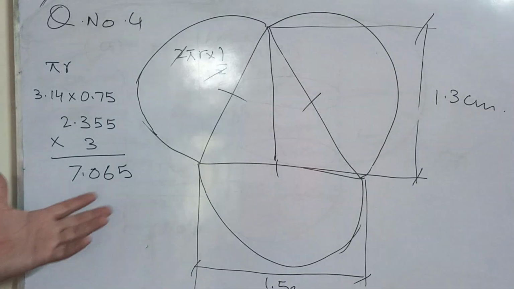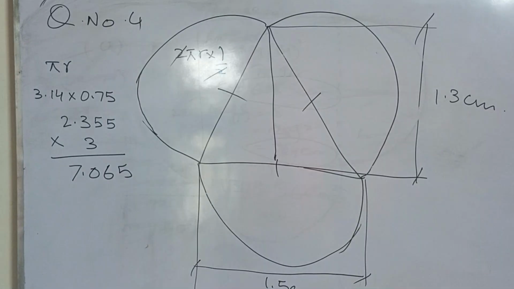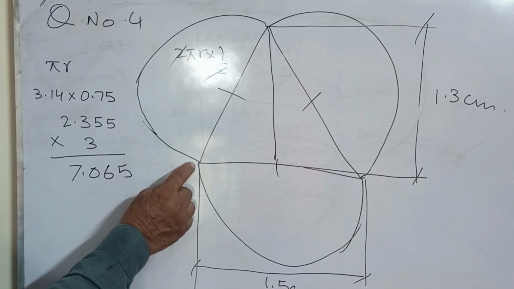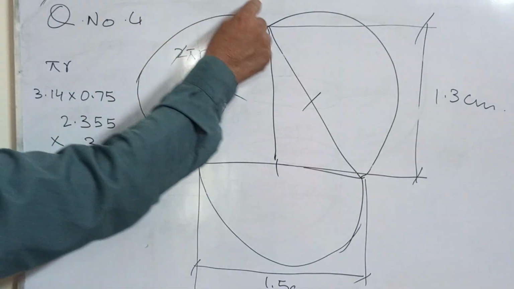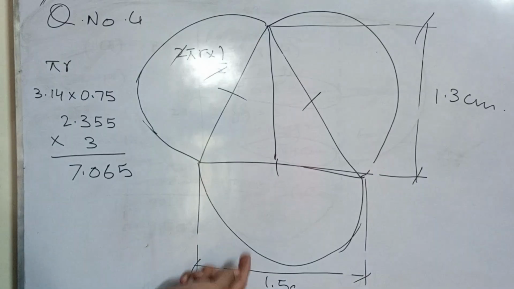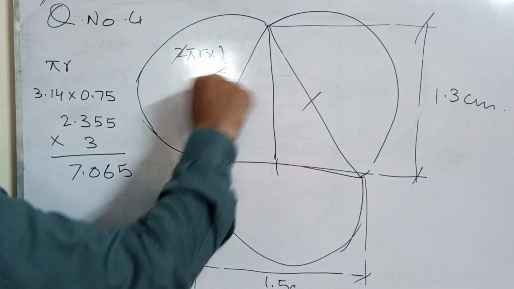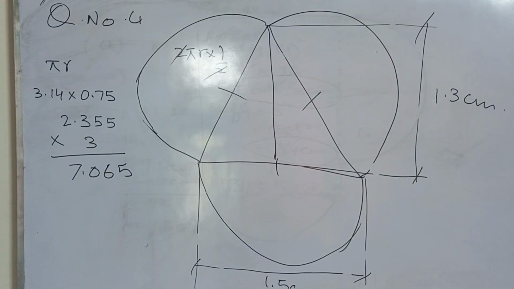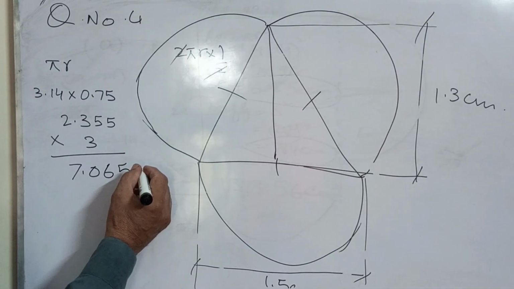So dear students, I hope you have understood my point, that we have to travel only on the border line. We don't have to penetrate inside the boundary line. So it is centimeters.